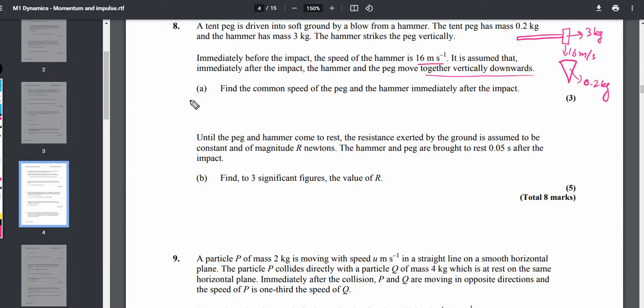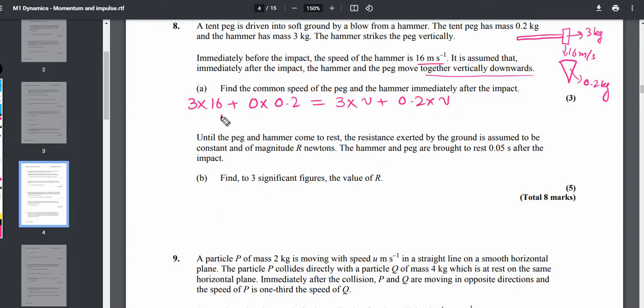So the initial momentum of the hammer is 3 times 16 plus the initial velocity of the peg, which is 0, times the mass of the peg, 0.2. Now let's see the final. Both hammer and peg move with a common velocity, v. So it will be mass times v plus mass times v.